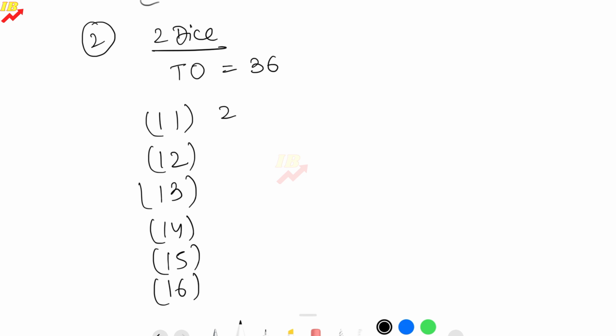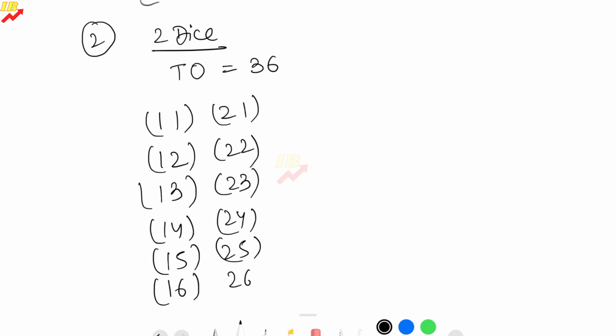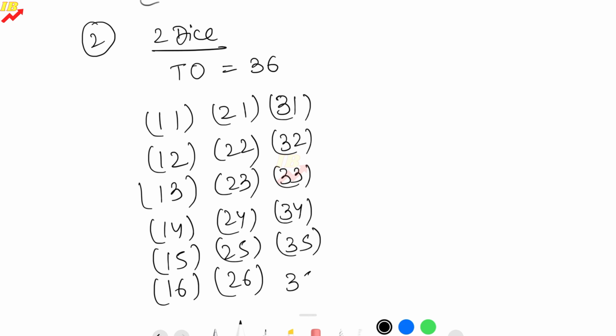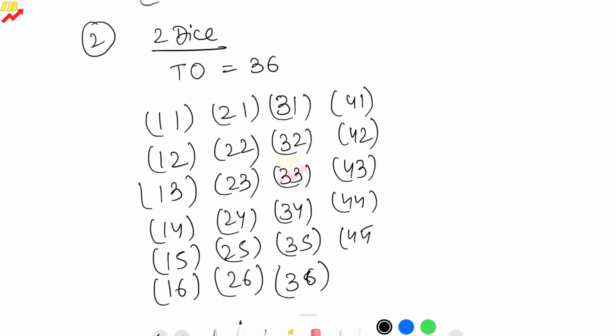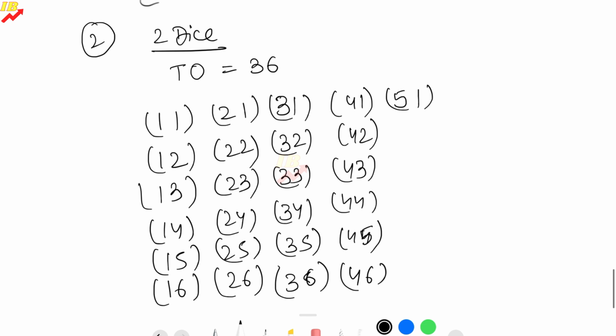Similarly, now I'm going to change the first number. So just let me write all of that. This is now the 5's line.